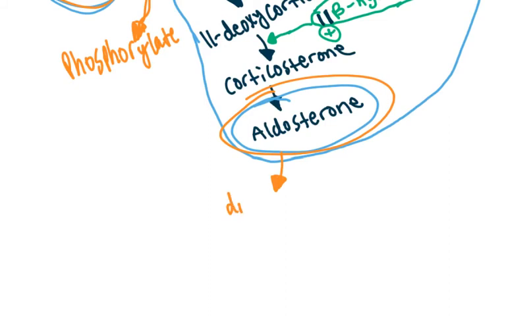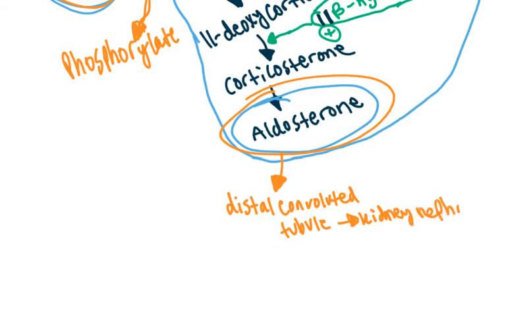One thing to note that we'll talk about in our kidney playlist later is that aldosterone can go to a structure in the kidney nephron called the distal convoluted tubule. It acts by inserting pores and more channels in the cells that line the distal convoluted tubule, so that more sodium can exit the fluid inside the lumen of the nephron and get reabsorbed.